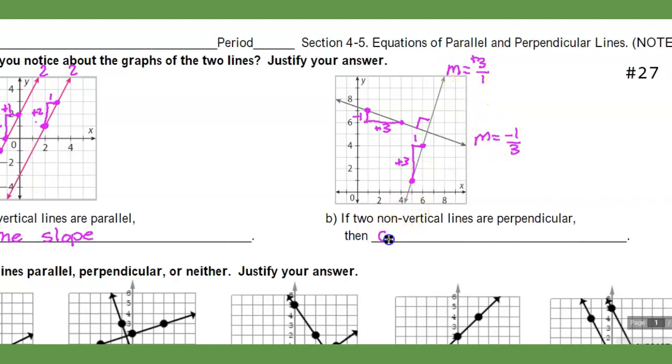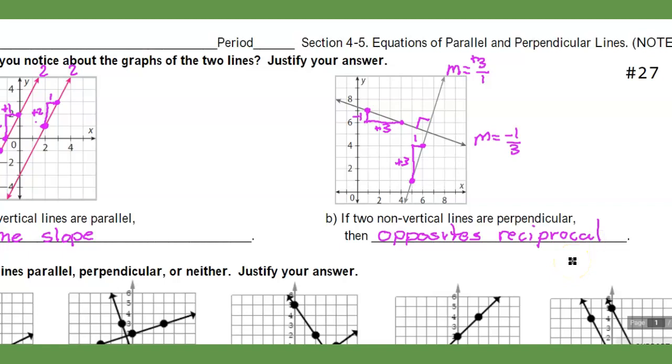So they have to be opposites. And second, it's not coincidence that one of them is 3 over 1, the other is 1 over 3. So the other requirement is they are reciprocals. Opposite reciprocals.